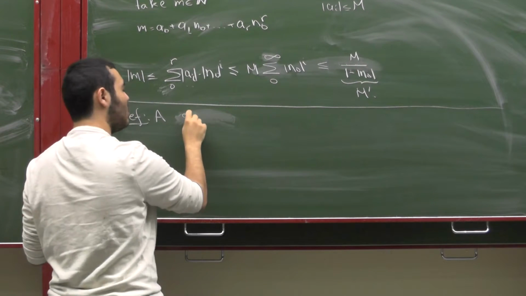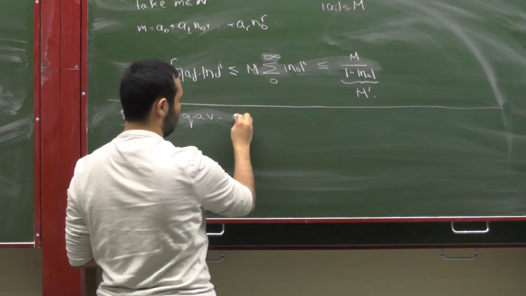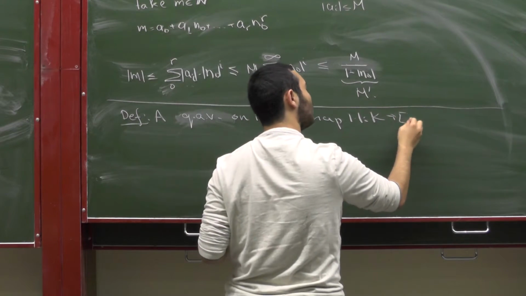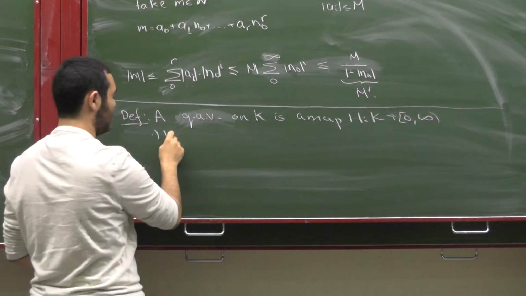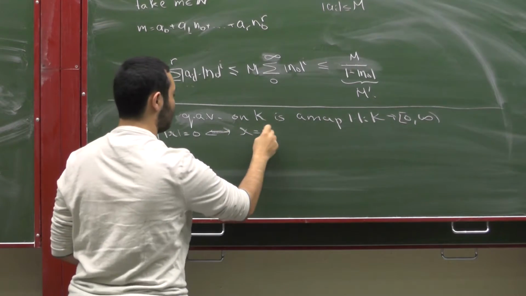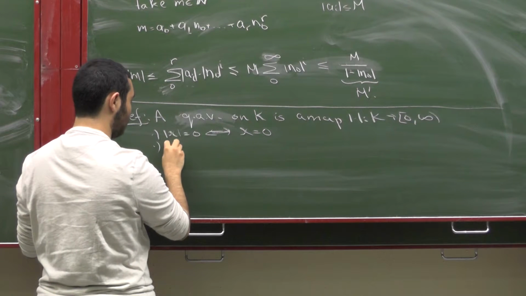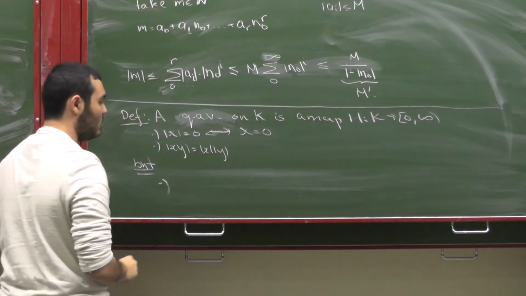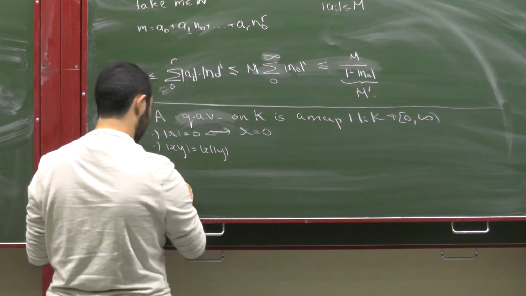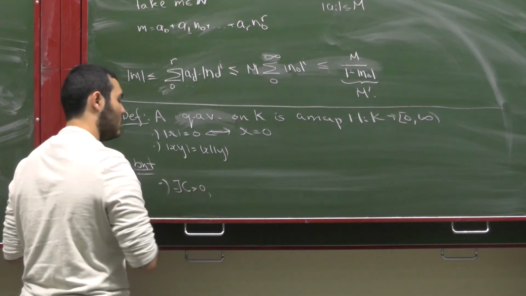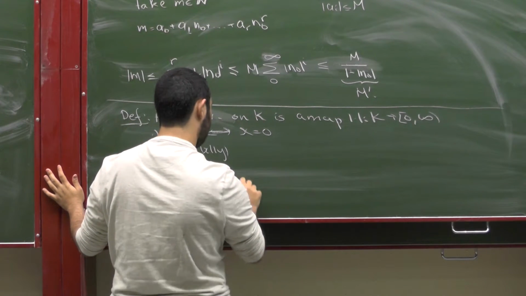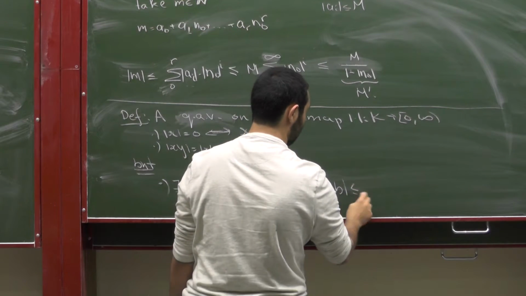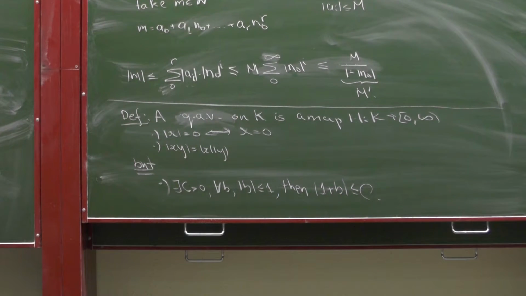Let me call it a quasi-absolute value on K, a map from K to the non-negative reals, so that, as usual, |x| is 0 if and only if x is 0, and it's multiplicative, but I change the triangle inequality to the following weaker claim: there is some universal constant C, so that if |b| is less than 1, then the absolute value of 1 plus b is bounded by C.